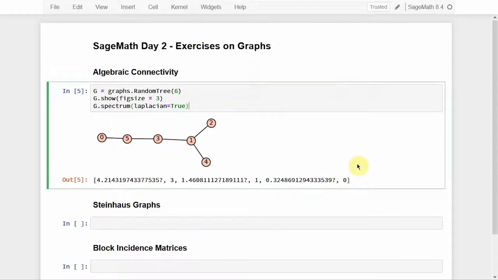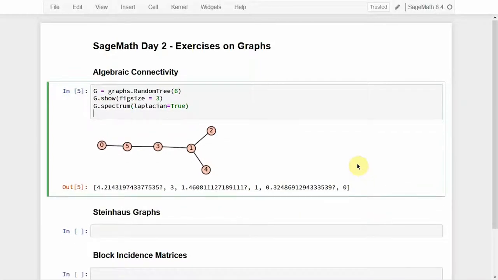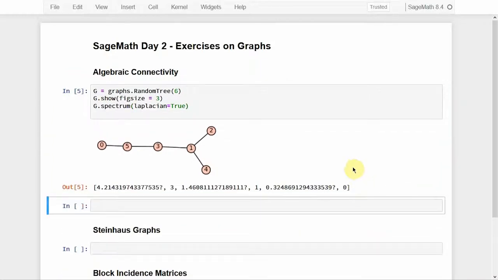So write a small function to find the algebraic connectivity of a given graph. That's not the entire exercise. So the first part is to write a function to find the algebraic connectivity of a given graph. This will be a very small function.